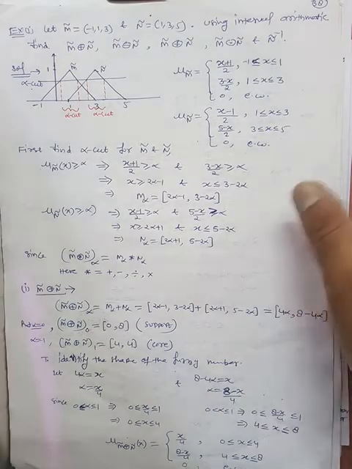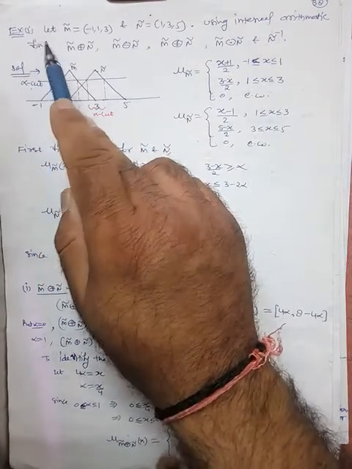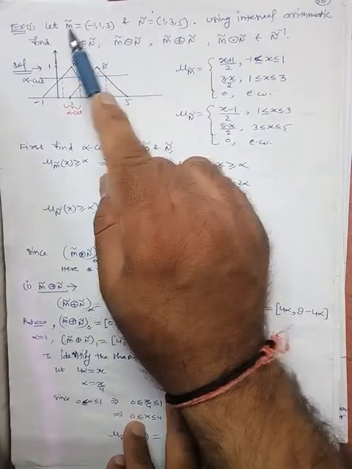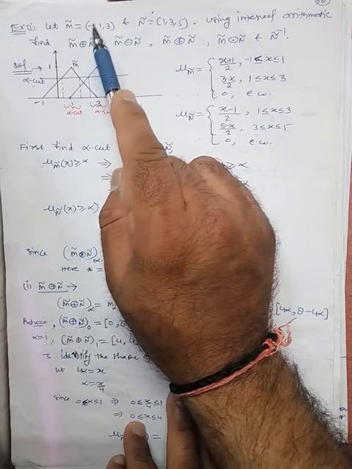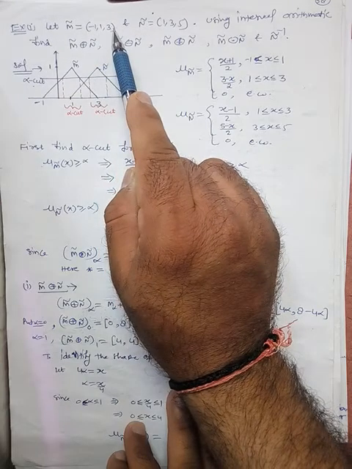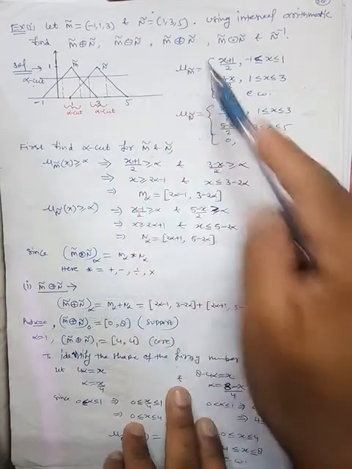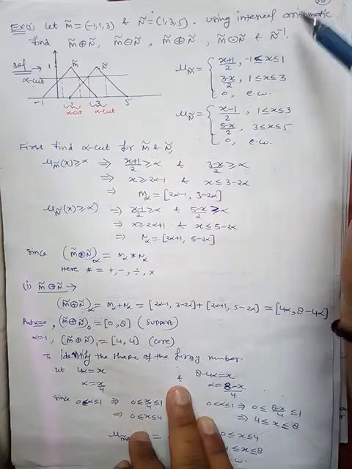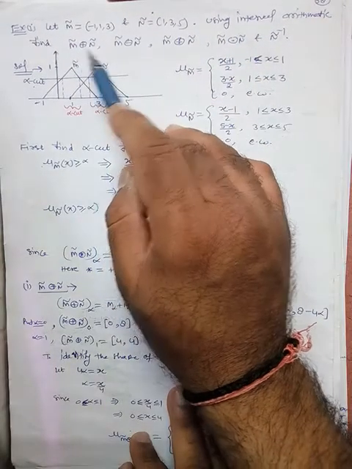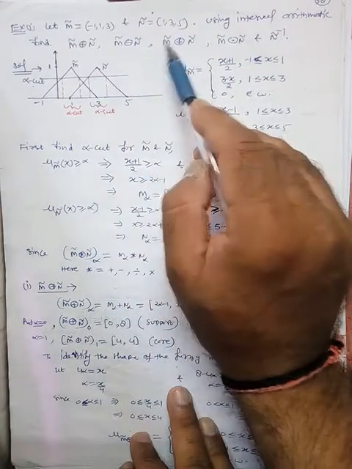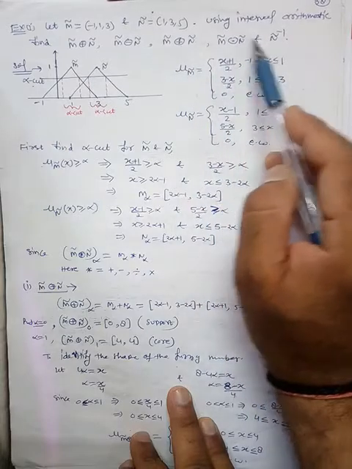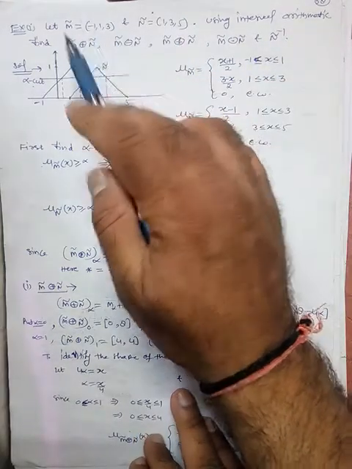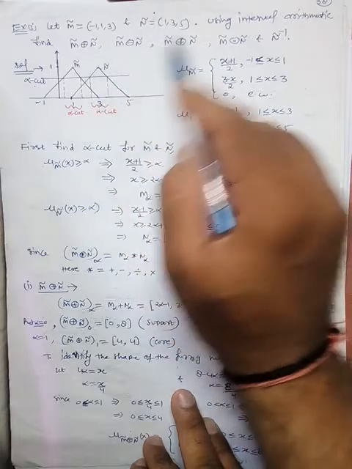For example, suppose we have two triangular fuzzy numbers. M is the triangular fuzzy number (-1, 1, 3), and N is another triangular fuzzy number (1, 3, 5). Now using interval arithmetic, find M plus N, M minus N, M divided by N, M into N, and N inverse. Here we are not applying the ordinary triangular fuzzy number arithmetic operations.